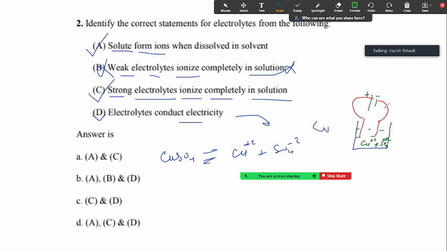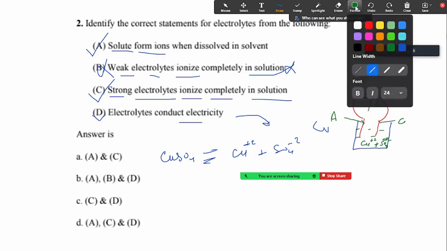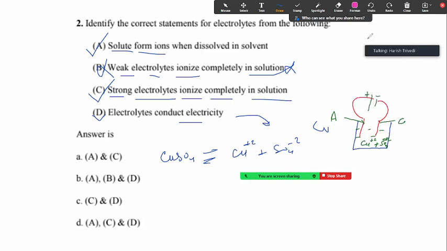So what will happen when you switch on the battery? The negative electrode will act as a cathode, C for cathode, and the other will act as an anode. Cathode is the negative terminal, so positive ions will be attracted toward the cathode.